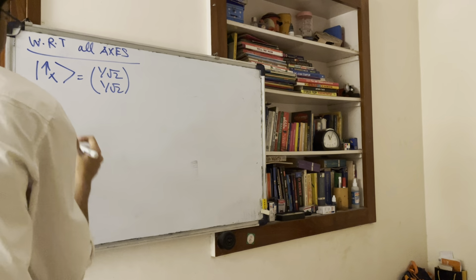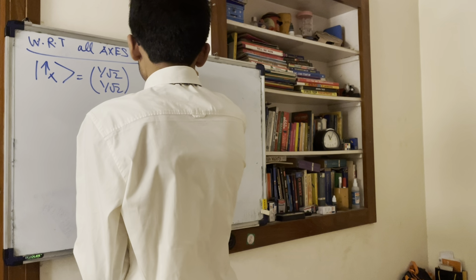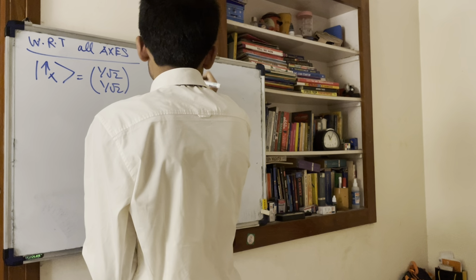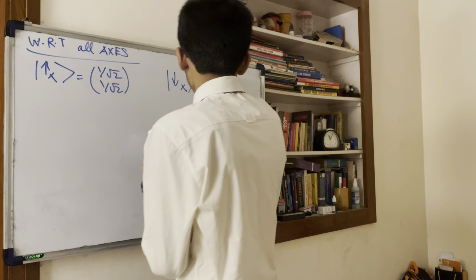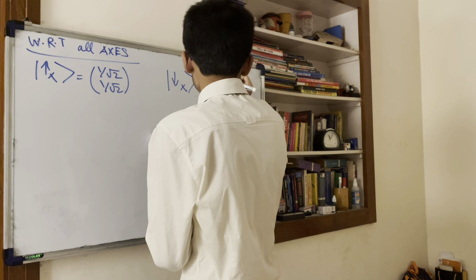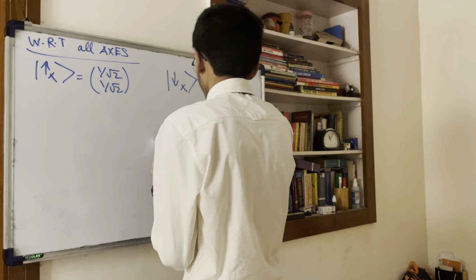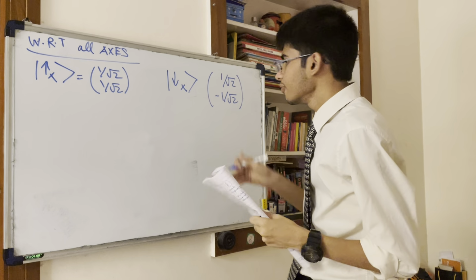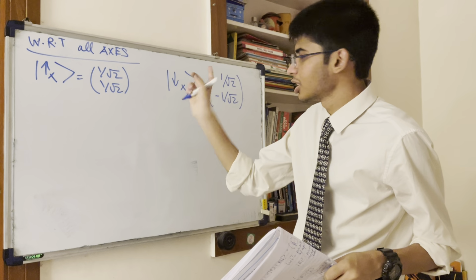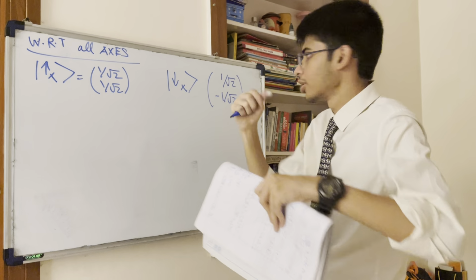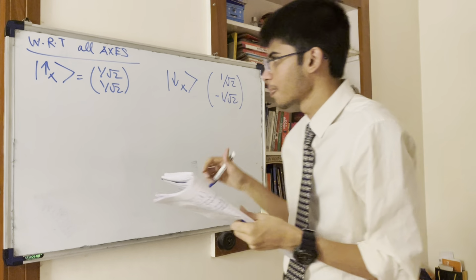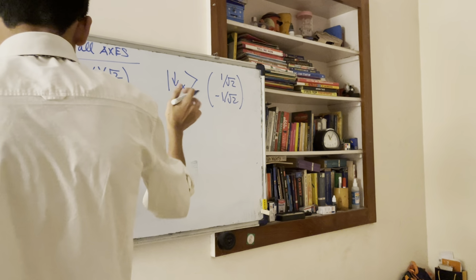If I have spin down with respect to x-axis, I will have 1 by root 2 and minus 1 by root 2. The only thing we change is the minus sign because it is spin down, so it is the reverse of it. So the minus part will change. This is along the x-axis.